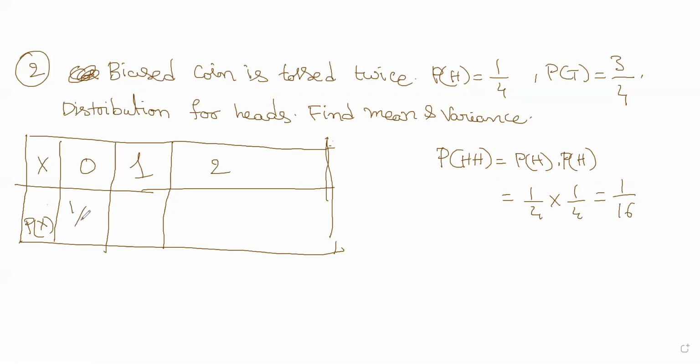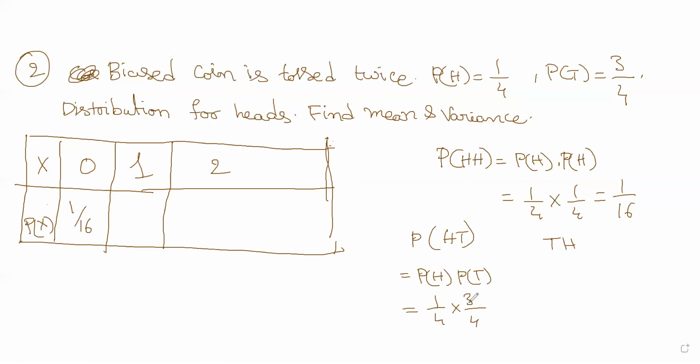Now, how many ways can you get one tail? You can get it in an HT or a TH situation, both. So what is the probability of getting a head and tail? That is probability of a head into probability of tail, right? The head probability is 1/4 and the tail probability is 3/4.